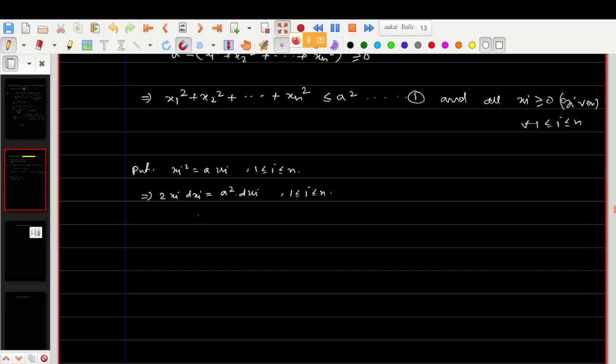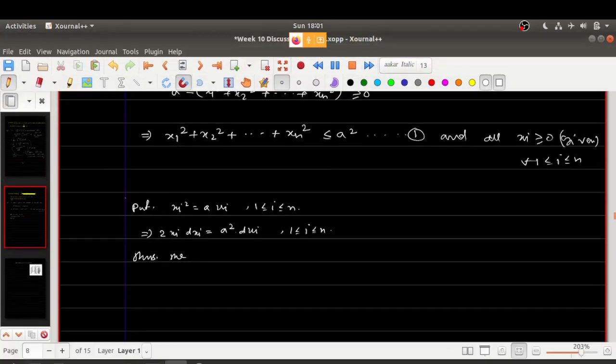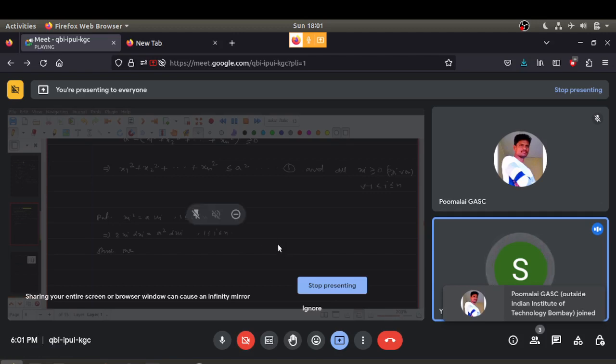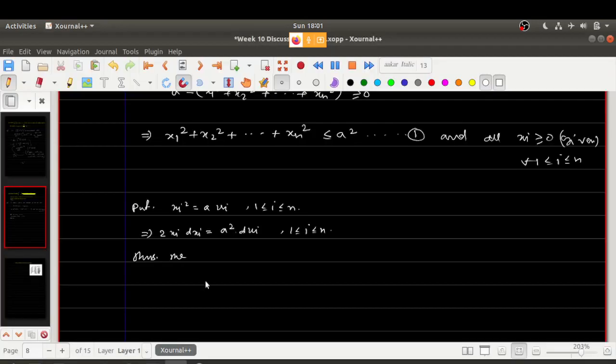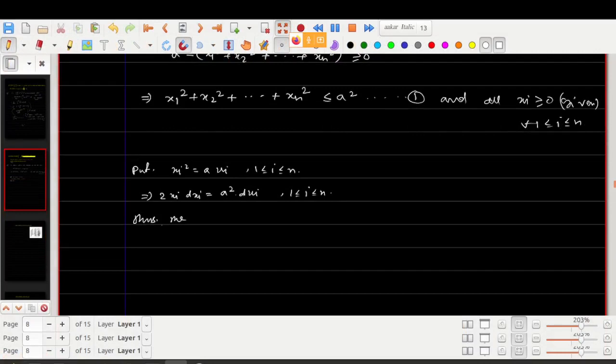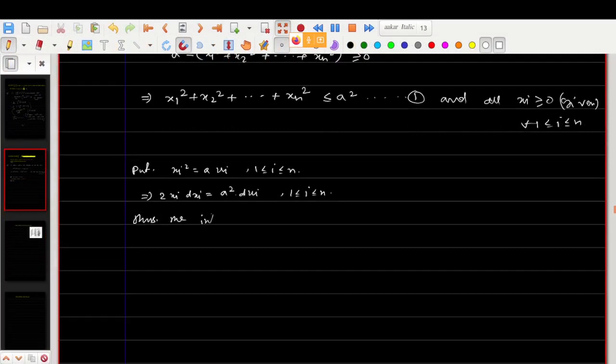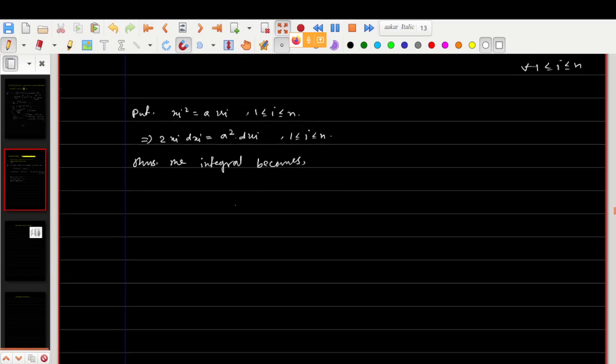Thus the integral becomes the integration, that is actually the n variable case that I am going to use.